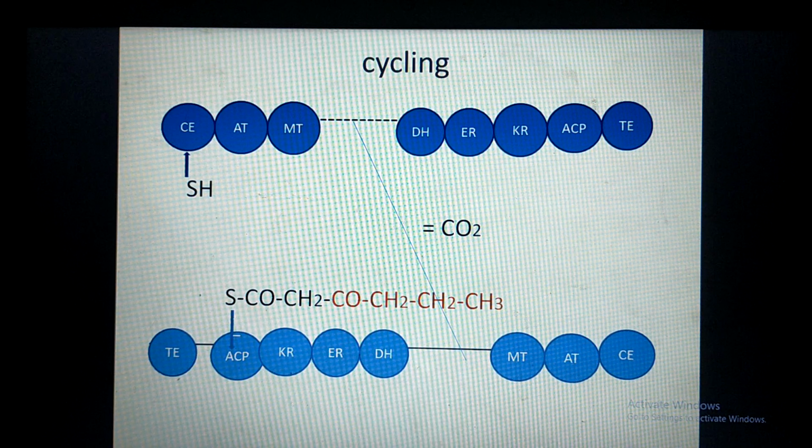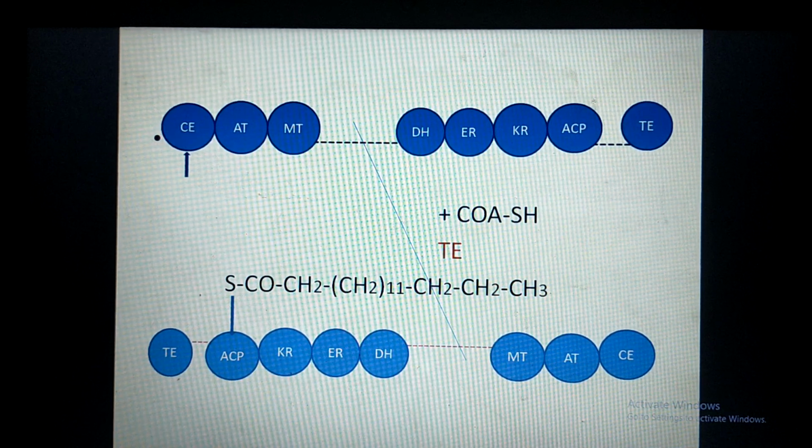So in this way the cycle goes on repeating, and at the end of 7th cycle you will get an acyl group with 16 carbon. So it is called palmitic acid.